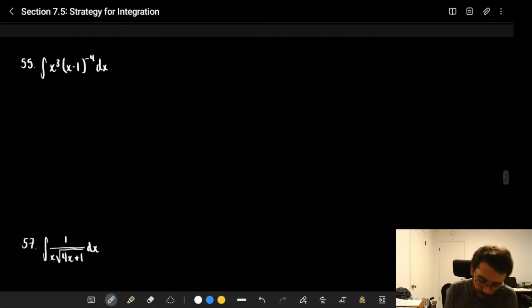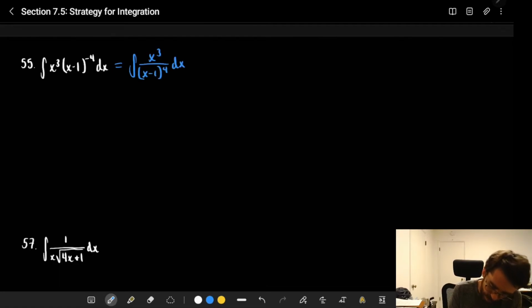55. Negative exponents I immediately write as positive exponent in the denominator. Then I ask if a u sub works. Nearly.